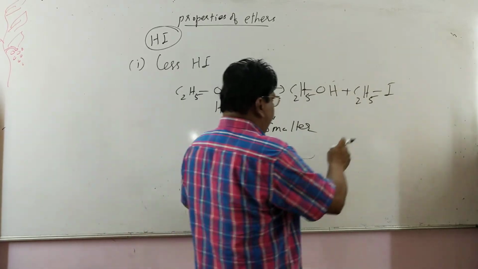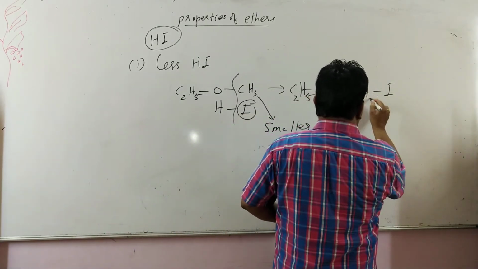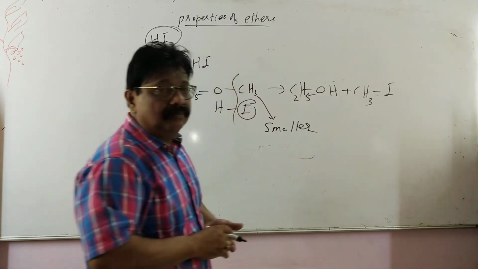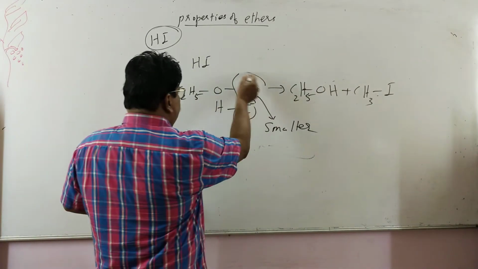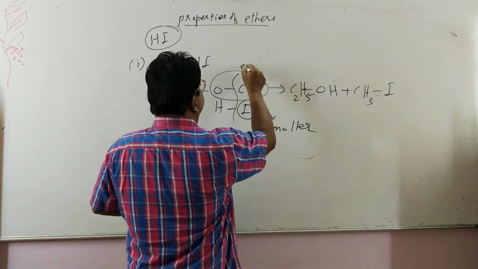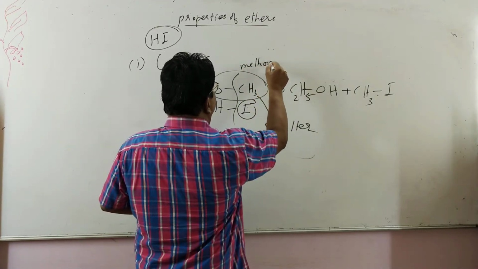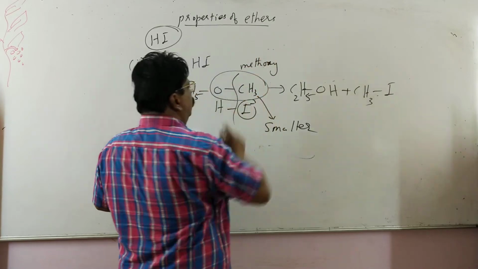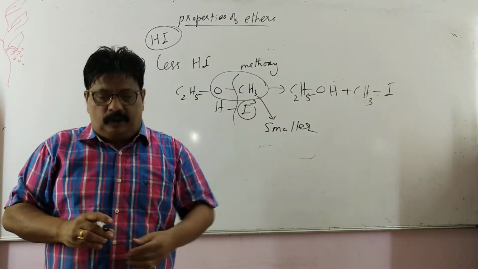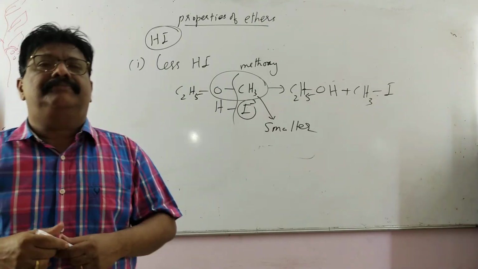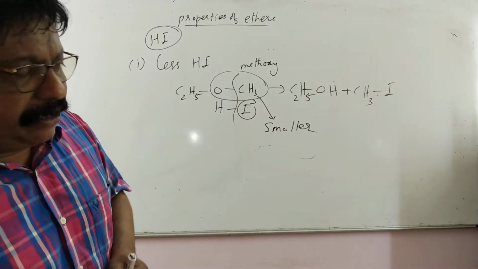So we get methyl iodide. This is the methoxy group, so the number of methoxy groups can also be identified using this reaction. Latter part I will come to that.